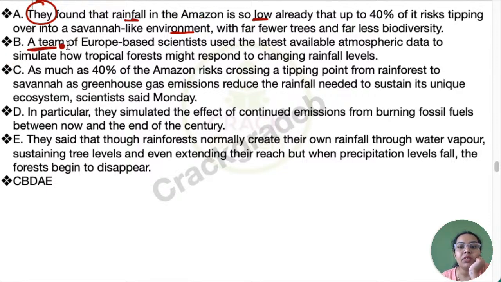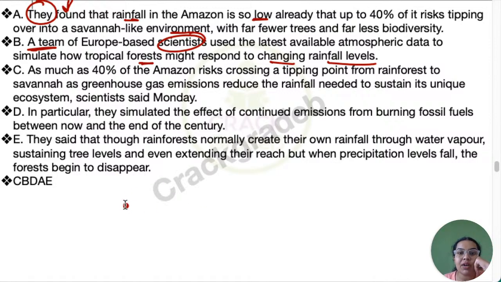A team of Europe based scientists used the latest available data to simulate how forests might respond to changing rainfall levels. See, right now it's just about simulating something. It's the experiment kind of thing going on, and that's why they found whatever is found.